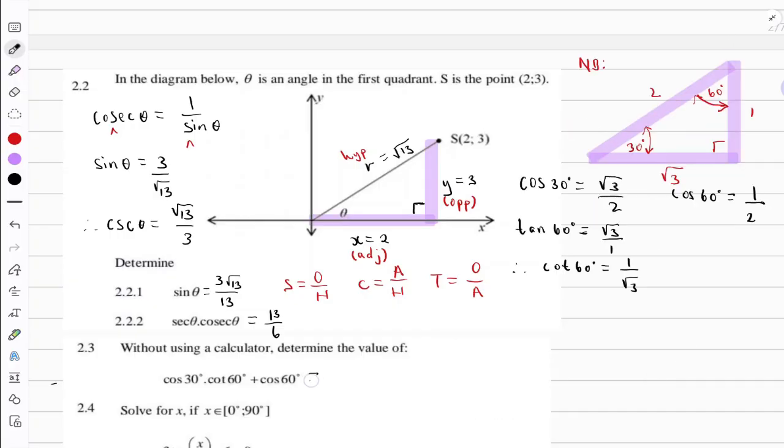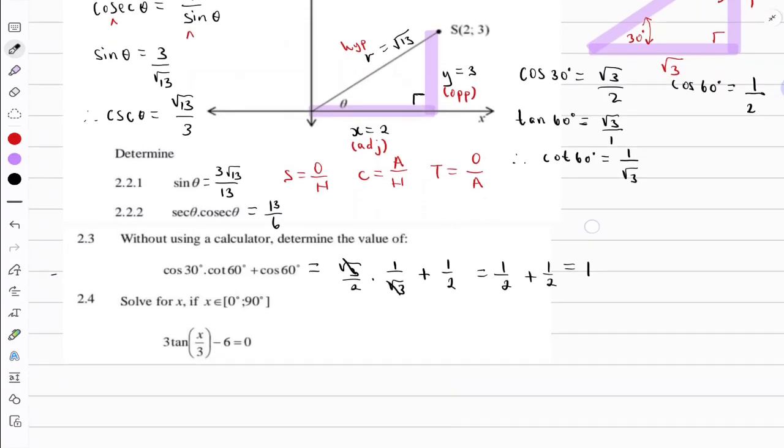So this would be equal to cos 30, which we saw is root 3 over 2, multiplied by cot 60, which is 1 over root 3, plus cos 60, which is 1 over 2. So root 3 and root 3 cancel here. So we're left with half plus half, and half plus half is 1.